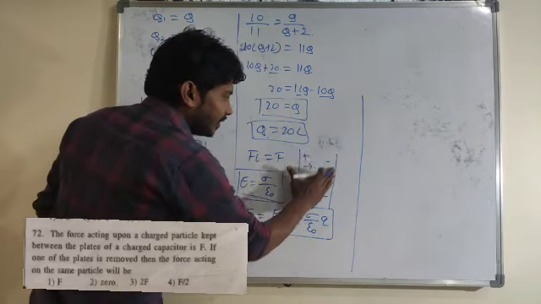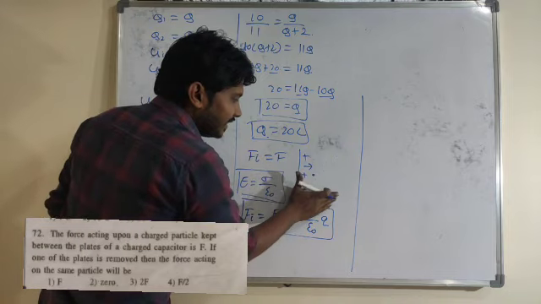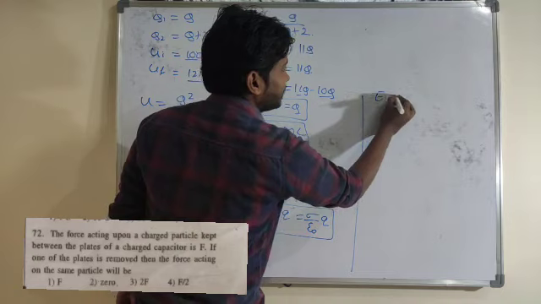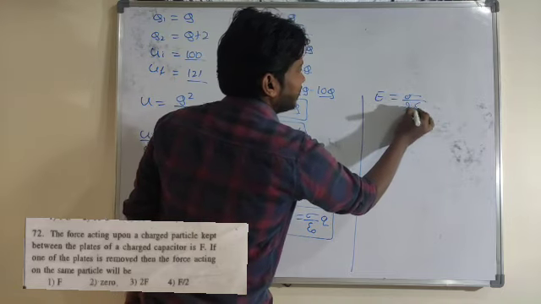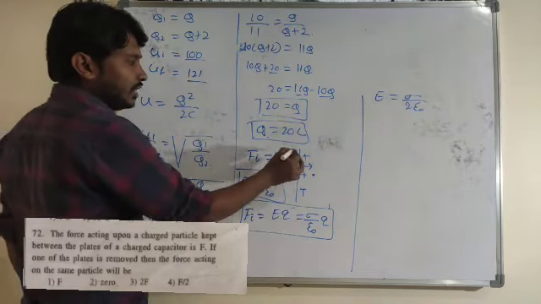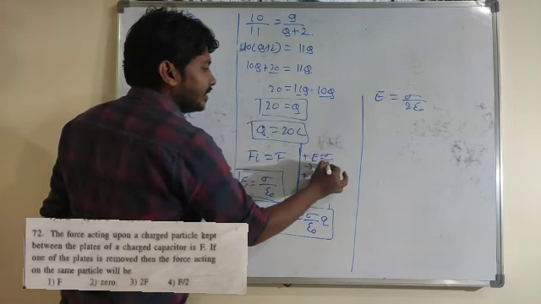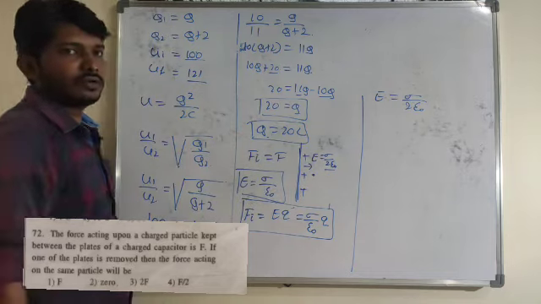Now they mention that if one of the plates is removed, it acts like an infinite plane sheet. In that situation, what is the electric field value? Sigma divided by 2 epsilon naught, because of the single plate. So E is equal to sigma divided by 2 epsilon naught; in the first chapter you derived that expression.